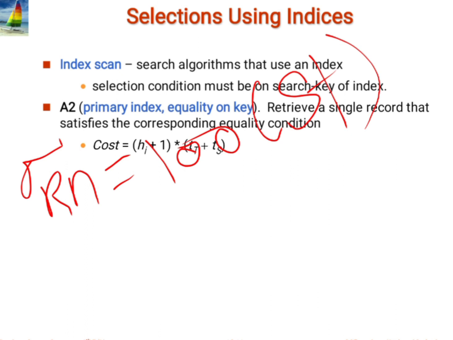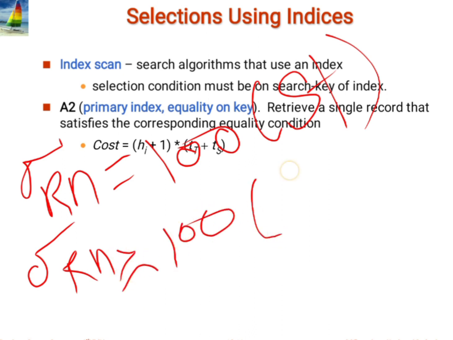If I am talking about a primary index and equality on non-key, then it will be like this. If I select roll number greater than, less than, greater than or equals to, or less than or equals to, for example greater than or equals to 1000, from student, how many records will I get? Not just one record.